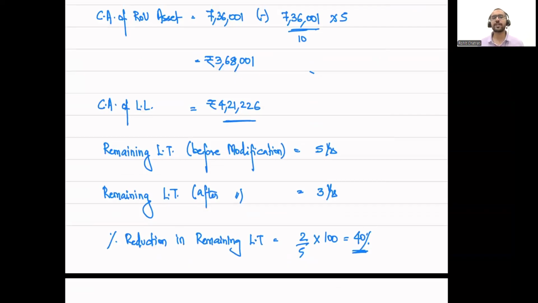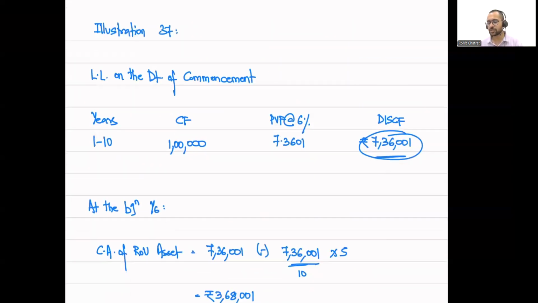We cannot apply the formula of 4,21,000 multiplied by 40 percent in case of a decrease in lease term. Instead, we will be calculating the reduction in liability, because I'm no longer going to make payments for year 9 and 10. I am no longer obligated to make the payments of 1 lakh rupees for year 9 and 10.